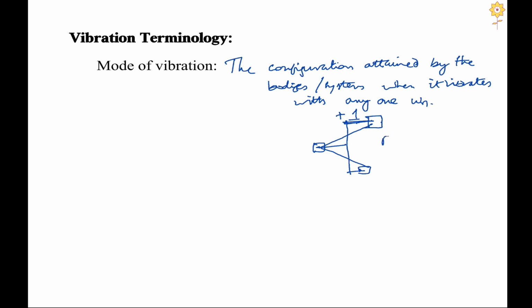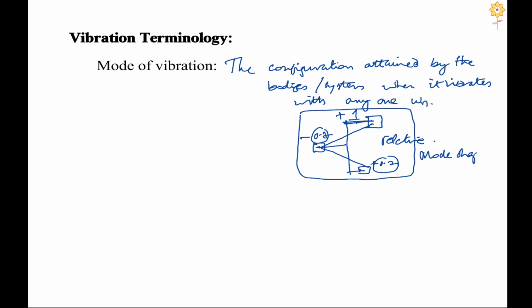So it's in a relative sense. Regarding the values, it might be say 0.7, minus and plus 0.2, something like this. So plus indicates the direction here, minus indicates the opposite direction, okay, and I can also speak with respect to the values in comparison to the movement of the first mass. So this configuration is called a mode shape, right? Mode shape.